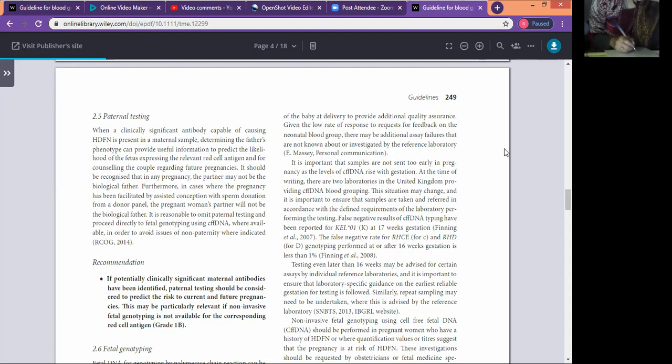We need to do this to exclude all significant maternal antibodies, so we may need to go into even additional tests at this stage. Among those antibodies that are identified, they've mentioned antibodies like anti-D and anti-small c that are most commonly quantified using the continuous flow analyzer.